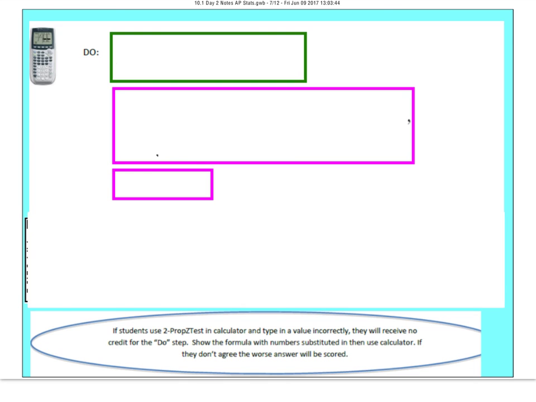Now for the do step, I'm going to show you both what I would write down by hand and how to use the calculator for this one. You do need to show the pooled proportion for this because it's very specific to the test. The calculator will give this to you by the way, but if you don't do it with a calculator, here it is by hand. What was the success count for both cases?